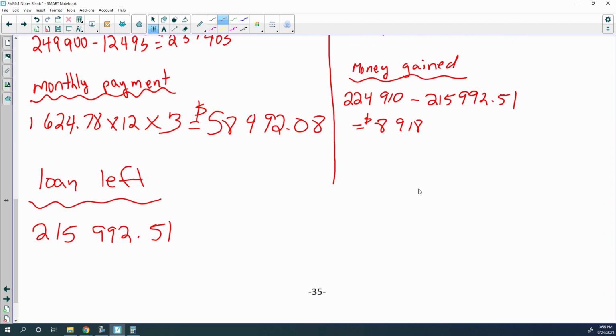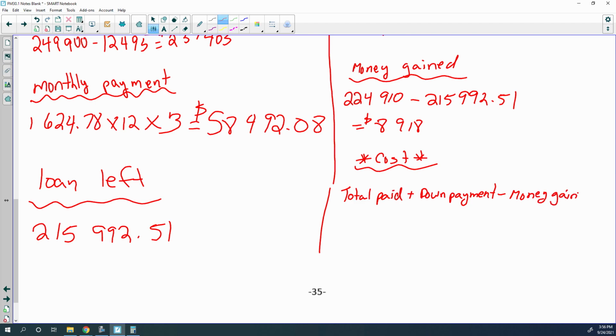So to figure out how much they actually spent, this is our final stage here, you will take the total paid, plus the down payment, because that's money that they already spent, minus the money gained. Because yet again, the money gained is going back into their pocket, so it doesn't count as spent.